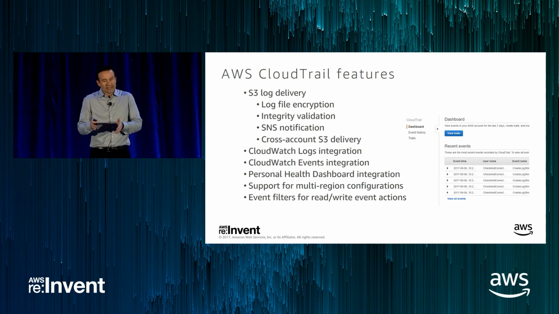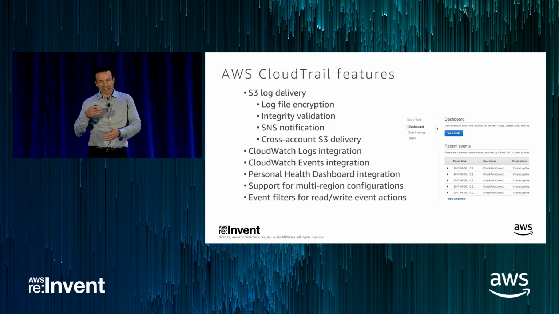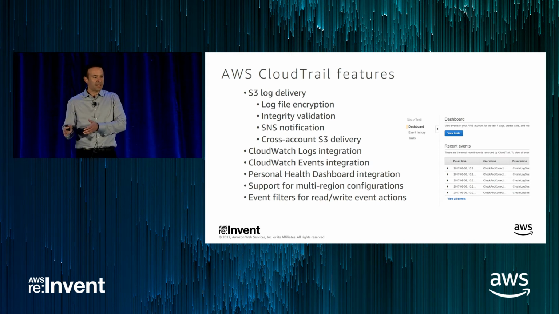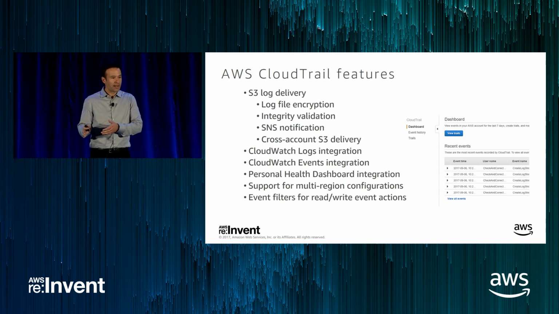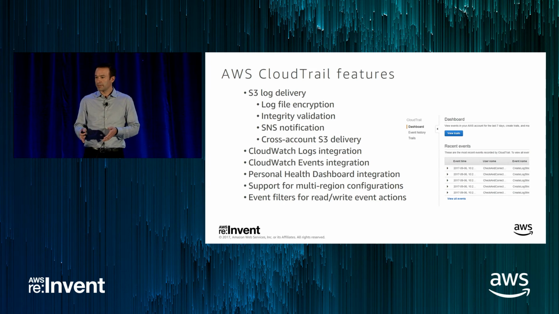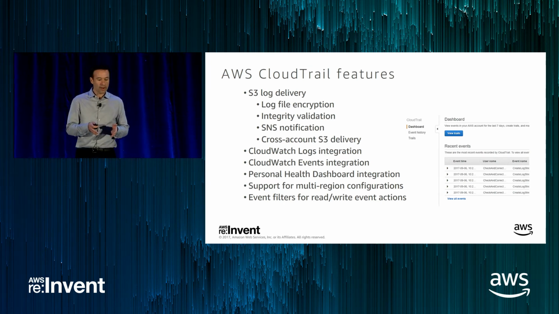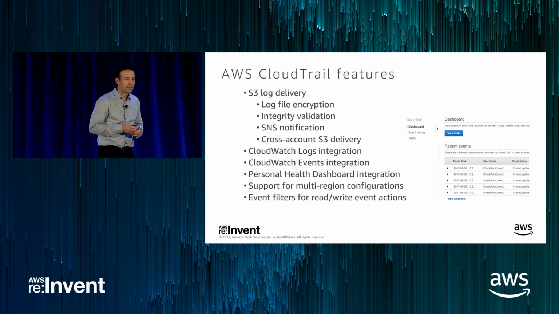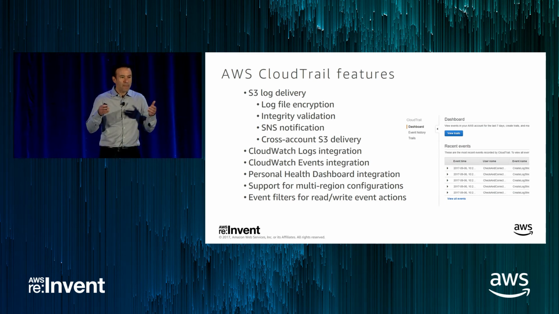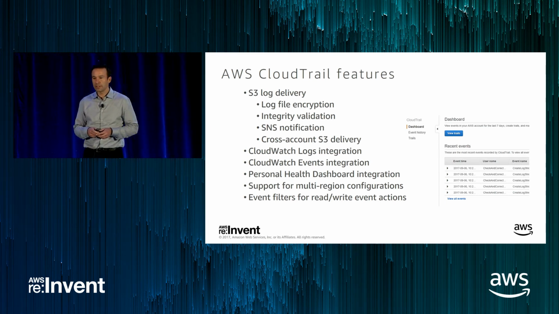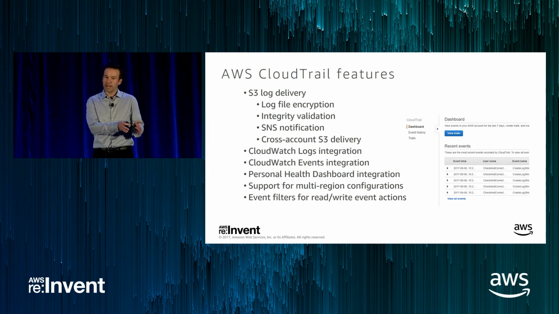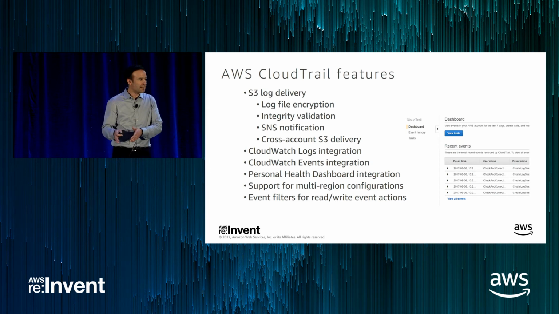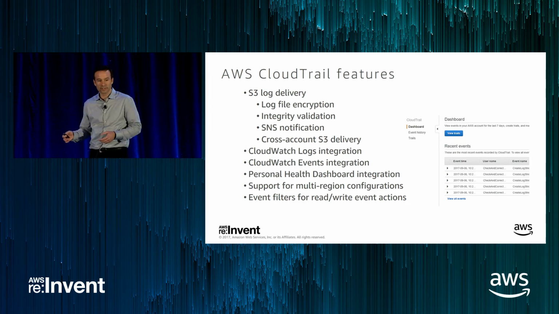For that trail, I don't care to see all the describe calls and list calls and all the behind-the-scenes activity. I just care about activity that changes resources that I have. I could create a trail and use a filter that says I only want to log write type events. It helps you start to map reduce some of the noise around your CloudTrail logs. Again, you wouldn't do that for your primary security trail, but you sure could do it for secondary trails that maybe support is using to help troubleshoot changes.